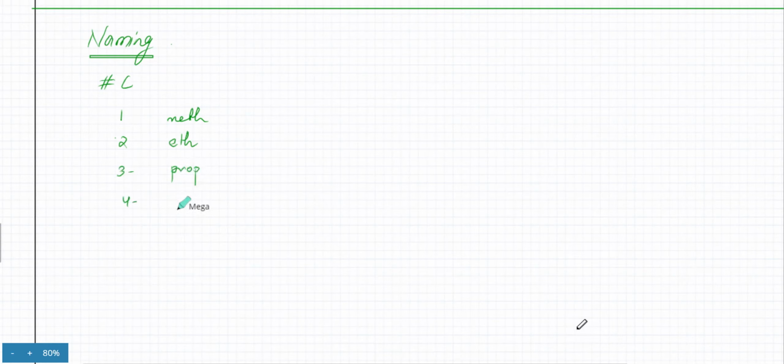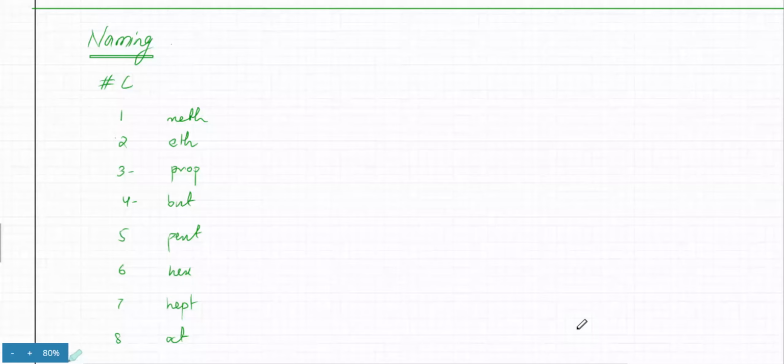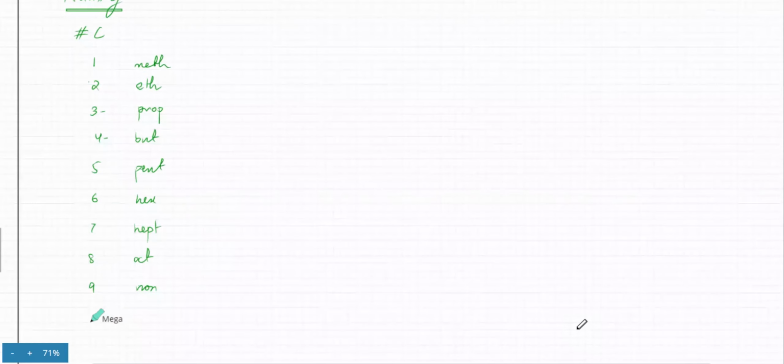So 1 is meth, 2 is eth, 3 is prop, 4 is but, 5 is pent, then you have hex, 7 is hept, 8 is oct, 9 is non, and then you have 10, which is dec.